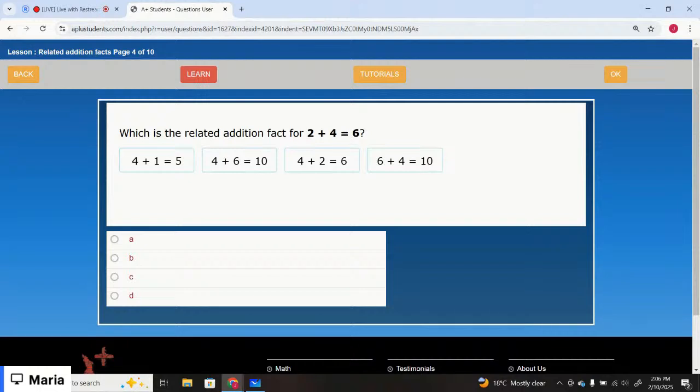Which is the related addition fact for 2 plus 4 equals 6? That is 4 plus 2 equals 6.